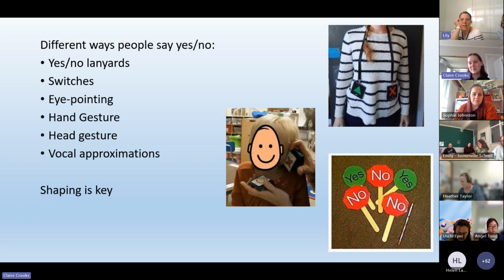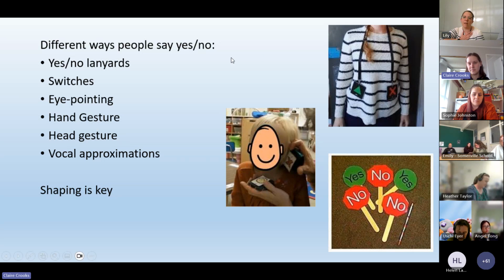Yep, Finn, jump in there, Claire. The other thing is to remember that you don't need to have the full gross movement of all the way down to your chest and all the way back up, or all the way to the side and all the way back to the other side for yes and no. It can be quite a subtle movement. I've had people who've just gone from taking their head back and then taking it back to center is enough, or a little to the side. I've got somebody who does eyebrows up for yes.